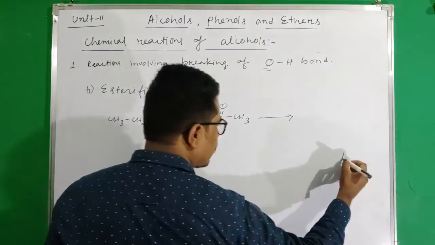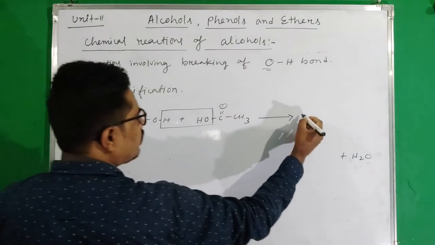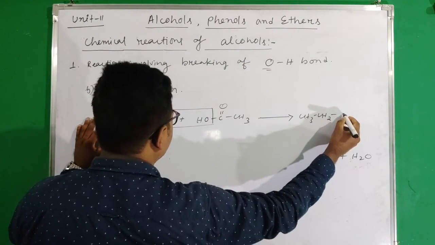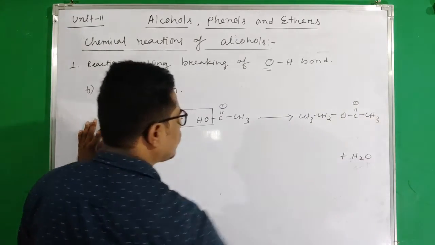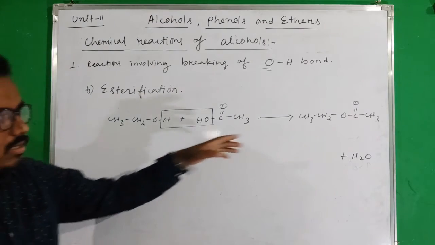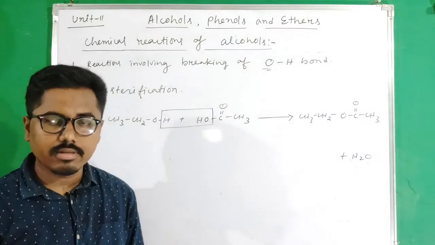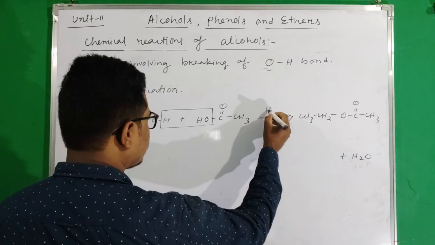Okay, and the side product is water, and then we will get CH3CH2OC double bond OCH3. So this compound is known as ester, and the chemical reaction is known as esterification reaction. Okay, but this reaction takes place in presence of an acid.